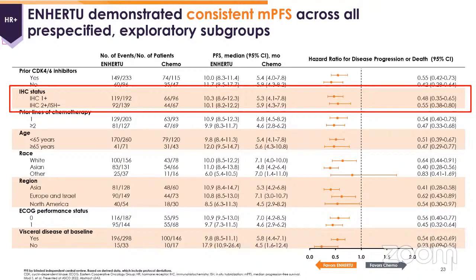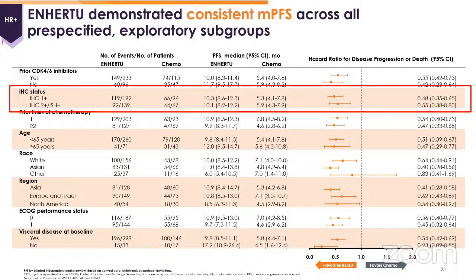In terms of the subgroups, we see that irrespective of prior CDK4/6 use, race, age, region, and very importantly, irrespective of whether it was HER2 1 plus or HER2 2 plus with FISH negative, the patients benefited with Enhertu over chemotherapy in the third line setting.